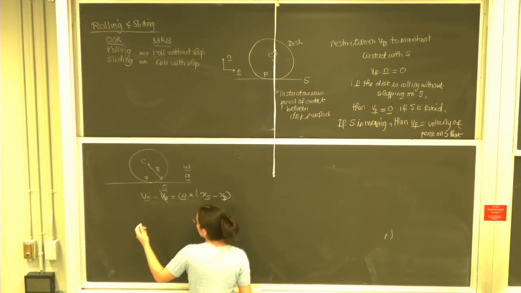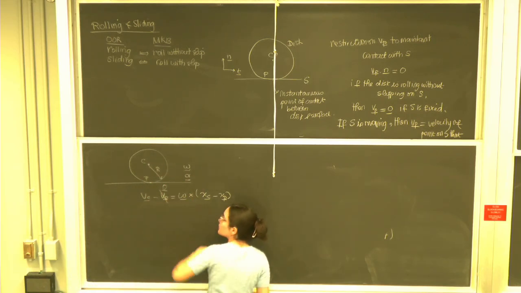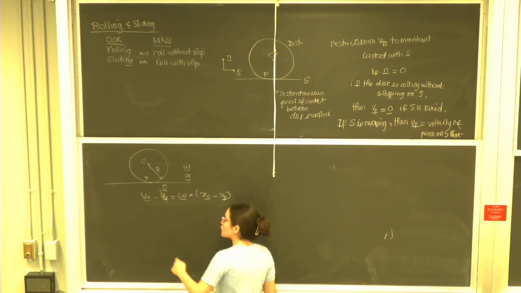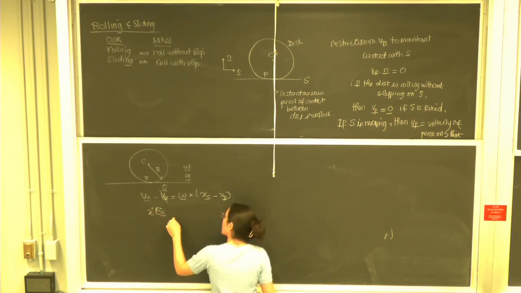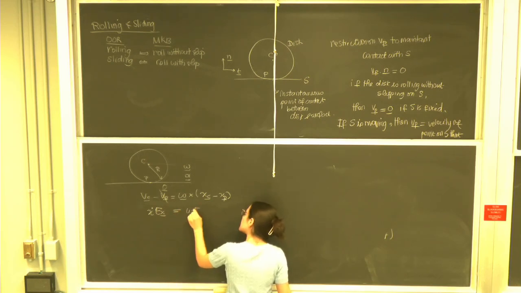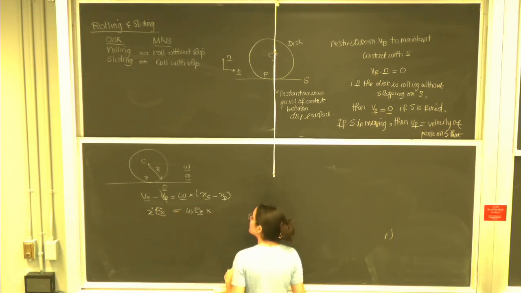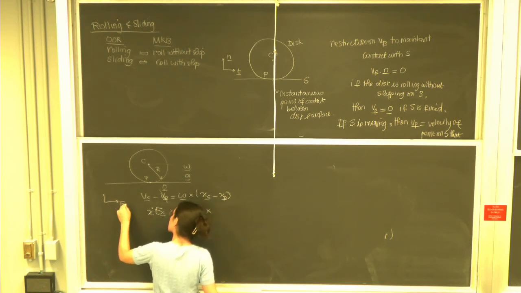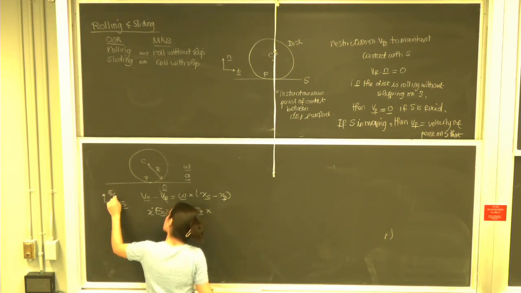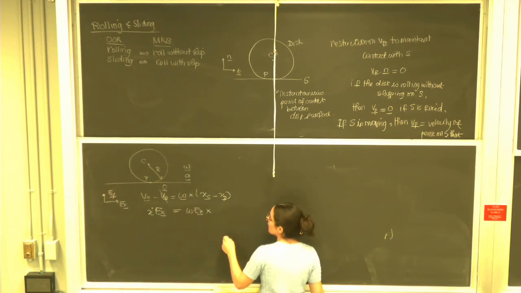Now Vc, the velocity of point C, is purely rectilinear in this case, so I can write this as x dot Ex. And omega is omega Ez. Xc minus Xp, taking my basis, regular Ex, Ey, is R Ey, right?